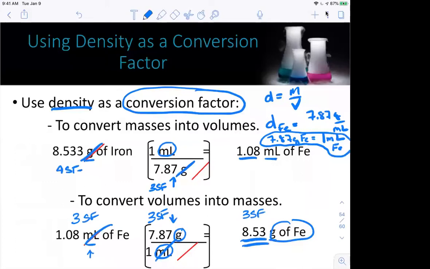This is a really important use of density. Really pay attention to using conversion factors and not just solving an algebraic equation. We will be using conversion factors from now until the end of time.